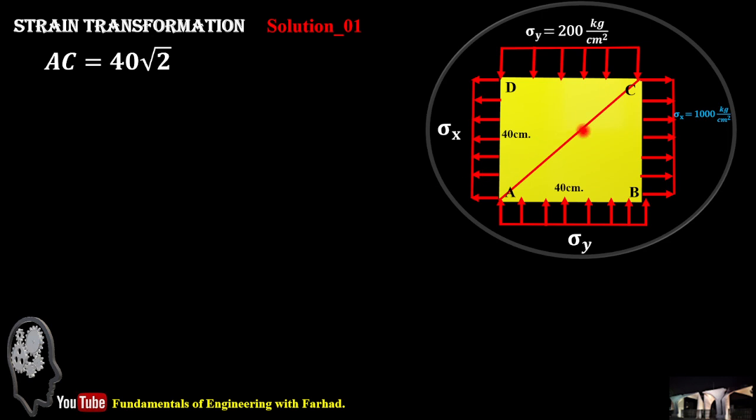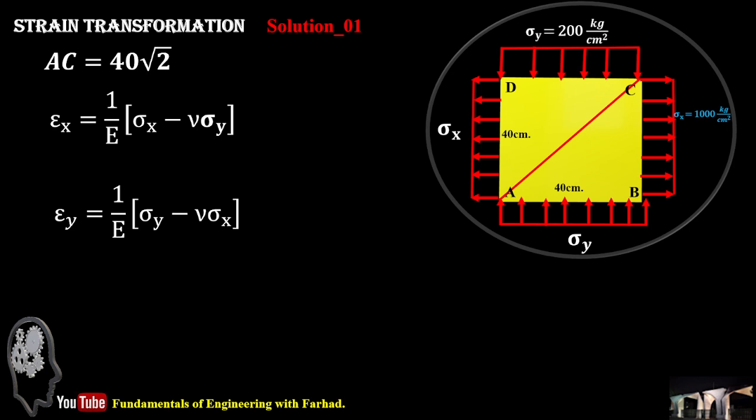First of all, to calculate the change of AC, we need to calculate the length of the hypotenuse itself. Because each dimension of the square is 40 centimeters, hypotenuse AC is 40 square root of 2. From Hooke's law, in planar stress epsilon x is 1 over E times sigma x minus nu times sigma y.